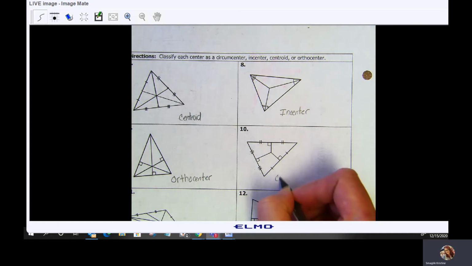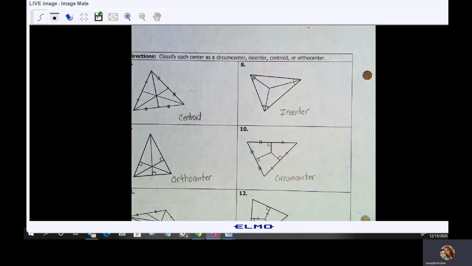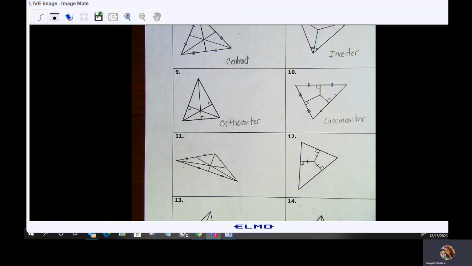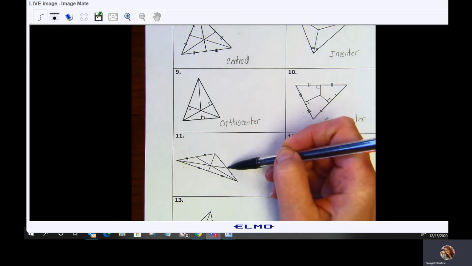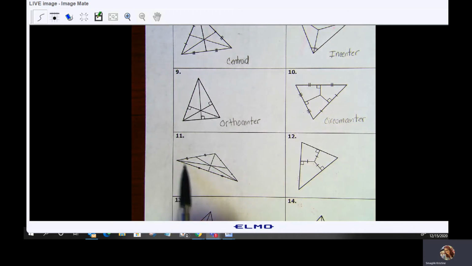This is the circumcenter. Number 11, again, notice we have midpoints, and we have lines coming from the vertex to the midpoint. This is the centroid.